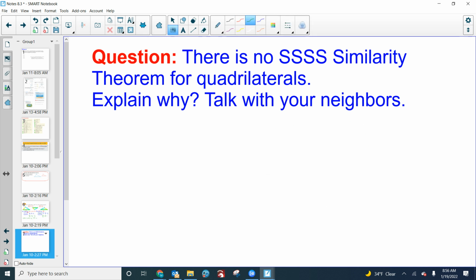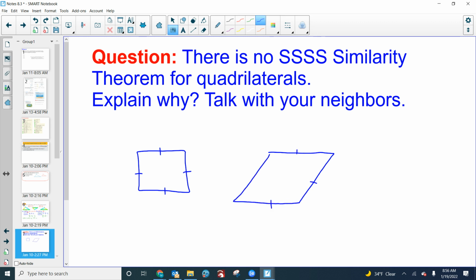All right, I'll give you guys a little bit of a hint, a little bit of direction to discuss. What shape is this?